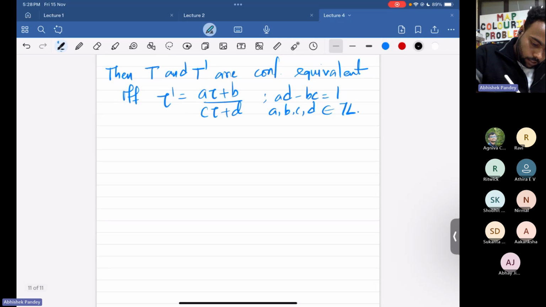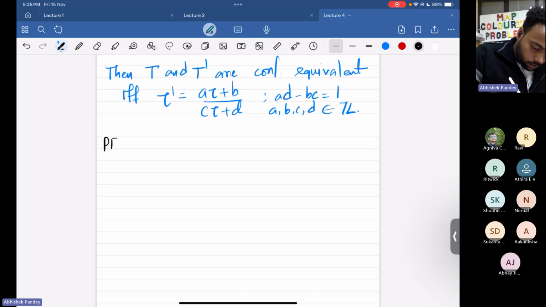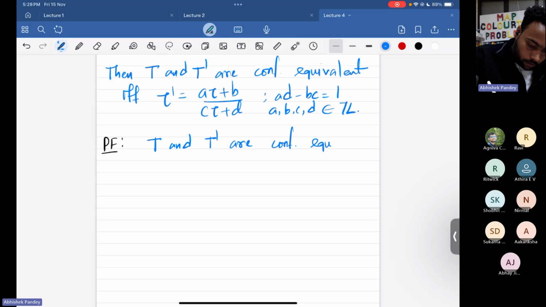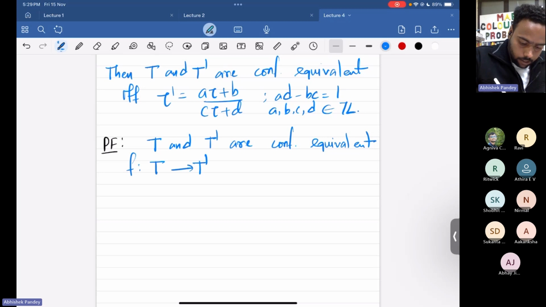So now the proof is easy, and I think it will be clear to everyone. T and T dash are basically conformally equivalent. So basically there exists a biholomorphic map T dash.